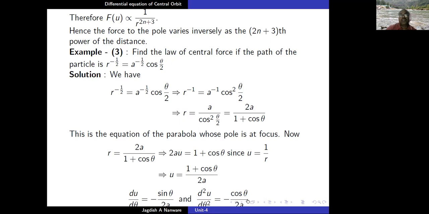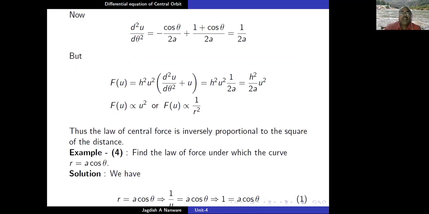And now consider the differential equation. I forgot to write u here. Okay. So second derivative of u with respect to theta plus u is equal to, this is the value of second derivative and this is u, right? And you take the LCM. LCM is 2a and take the addition of numerator. So this is minus cos theta plus 1 plus cos theta.